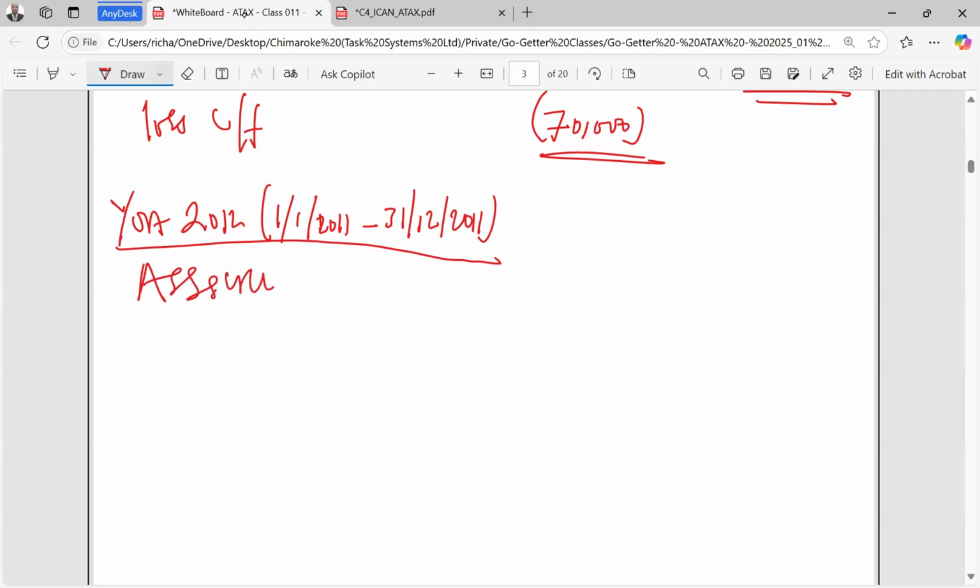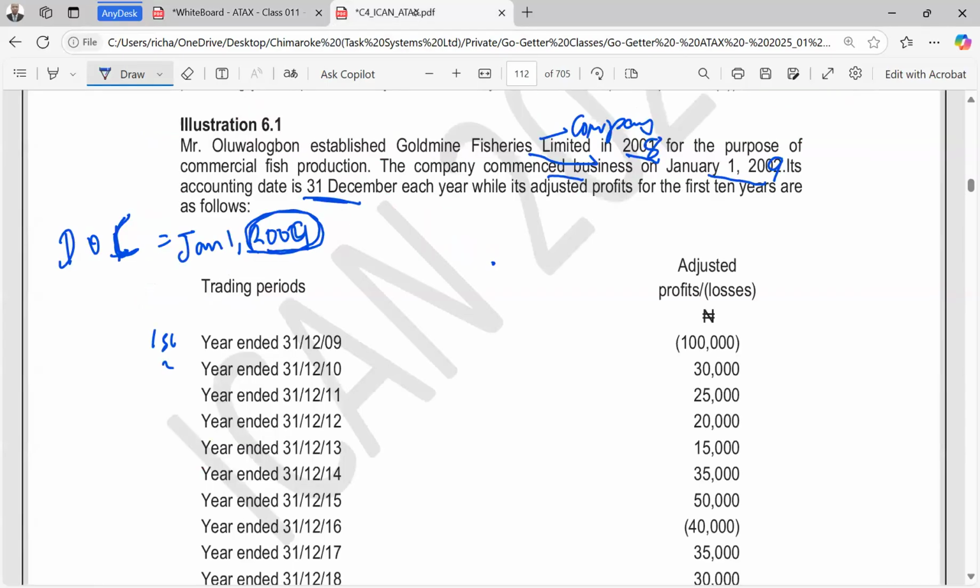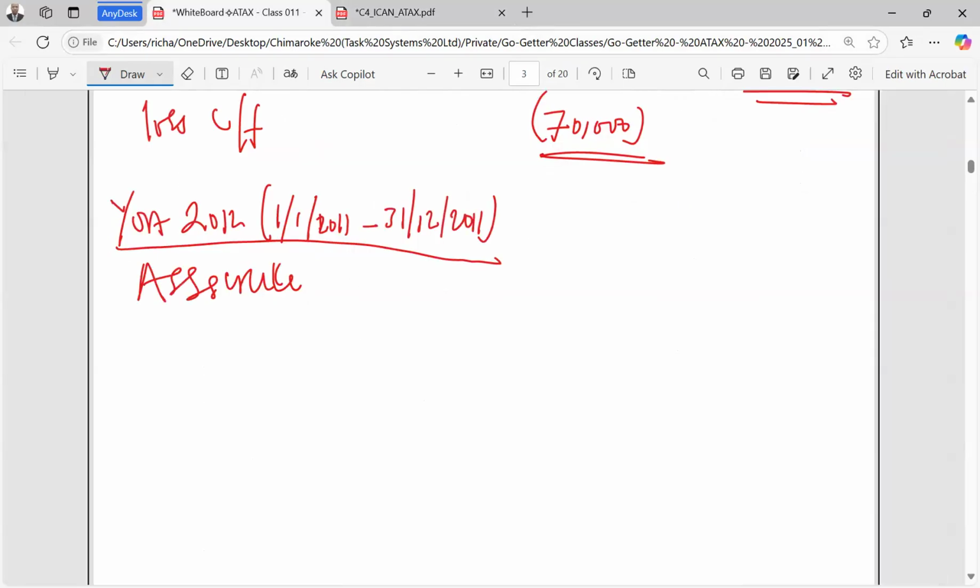Okay, I'm going to rule that. Assessable, we don't know whether it's a profit or loss, but let's look at year end 31st December 2011. 31st December 2011, we have 25,000. So that's assessable profit of 25,000. I'm going to put profit here. Profit, this is 25,000 in positive.